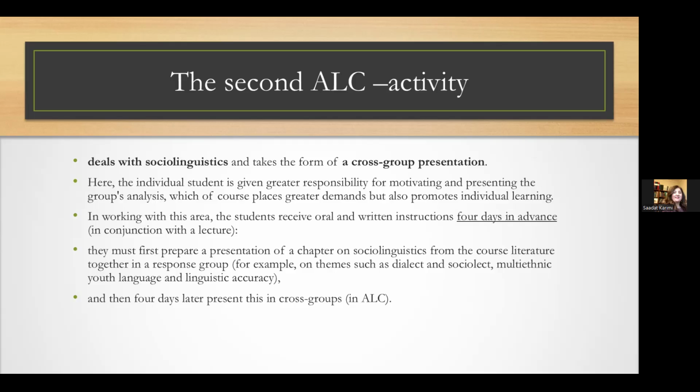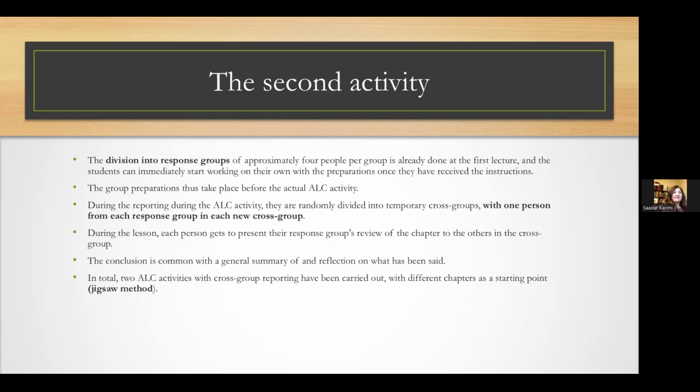So the division into response groups of approximately 4 people per group is already done at the first lecture, and the students can immediately start working on their own with the preparations once they have received the instructions.